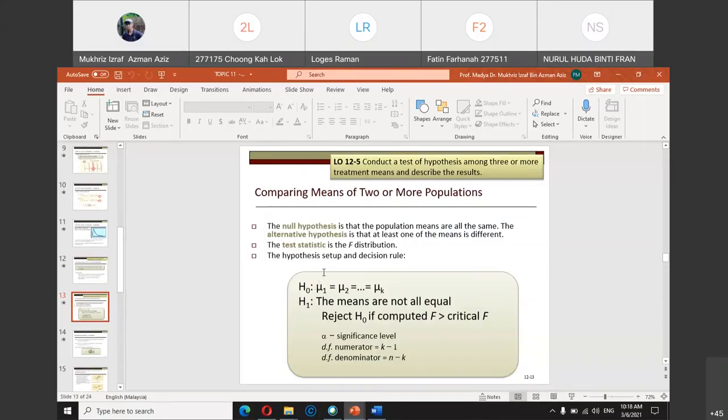This time, if you have more than two means, of course you can also do it for two, but we want to highlight the use of the F distribution using ANOVA when comparing three or more populations.